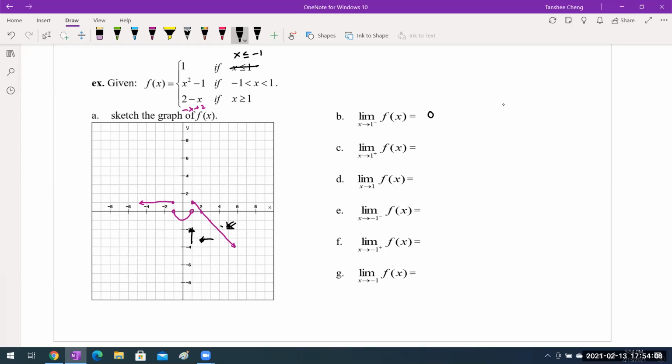So as x gets closer and closer to 1 from the right-hand side, the limit value is approaching 1. So I can see that the limit as x approaches 1 of the function from the left-hand side and the right-hand side have different limit values. So therefore, part D is: does not exist.